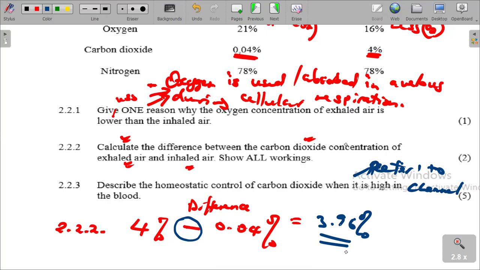You will find that when carbon dioxide is high in the blood, it lowers the pH, which causes it to be more acidic.